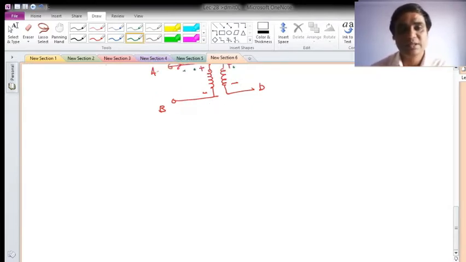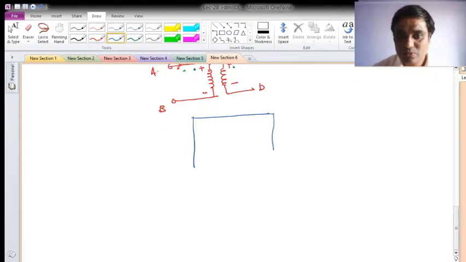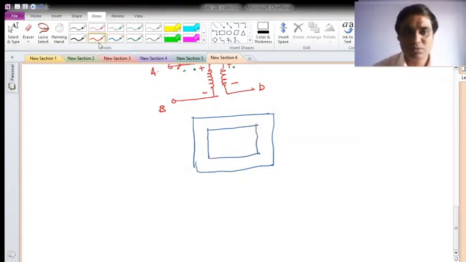Fine. Now another magnetic circuit, let me draw it to see how the linkage will be with another sense of winding. So here I will wind the primary coil like this.